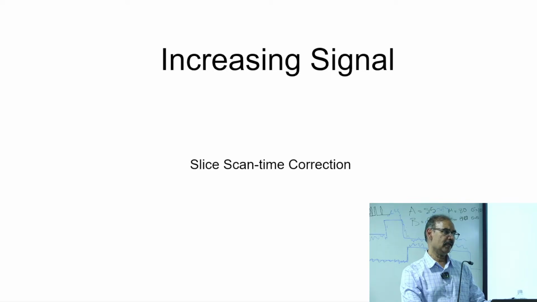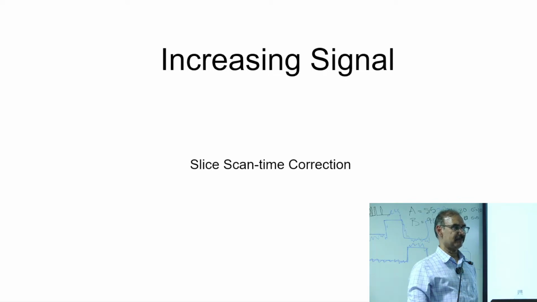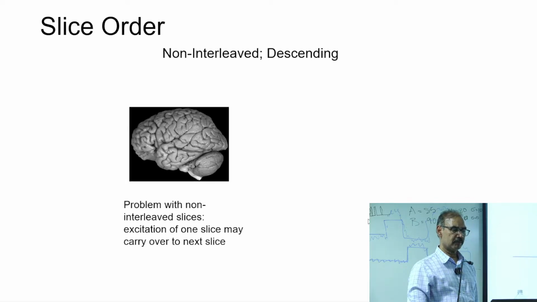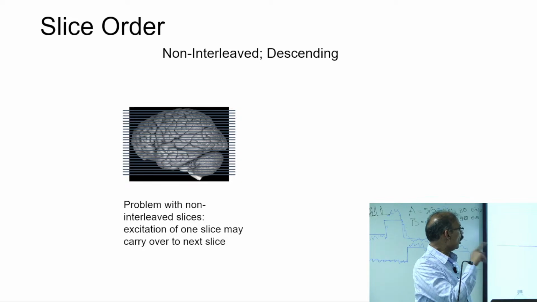So one way in which we can increase the signal quality is called slice scan time correction, right? And the slice scan time correction works in the following way. So this is non-interleaved descending order, right?